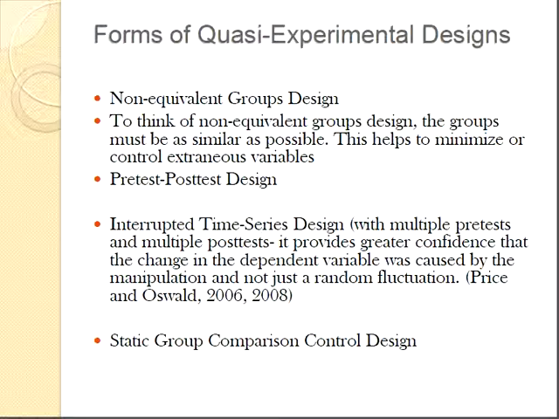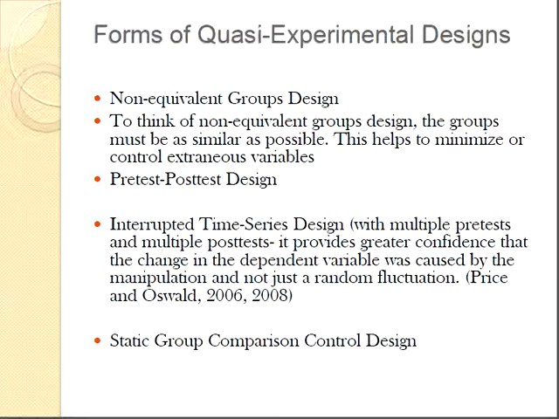Then this helps to minimize all the possible extraneous variables, as I said, I will be talking about. Then we also must remember that we have pre-test, post-test design as a form of quasi-experimental design.